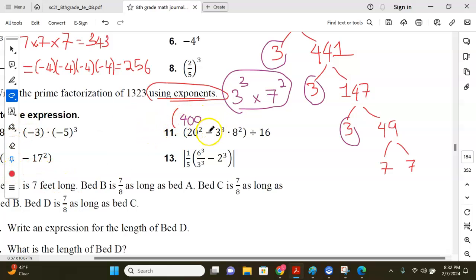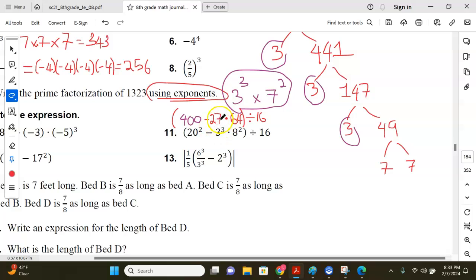And then minus 3 cubed is going to give me 27. Times 8 squared. 8 squared is 64. Okay, times 64. And then close parentheses divided by 16. Okay. Everybody good so far?